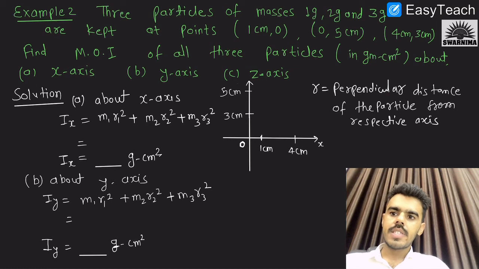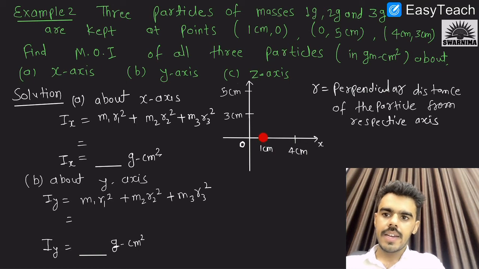So first we see where these particles are kept. So this is the x-axis, this is the y-axis. Coordinate of 1 gram is 1 centimeter comma 0. So 1 centimeter on x-axis and on y-axis its coordinate is 0. So the first particle is here and the second particle is at 0 comma 5 centimeters.